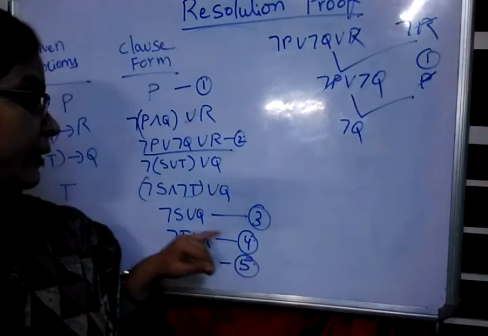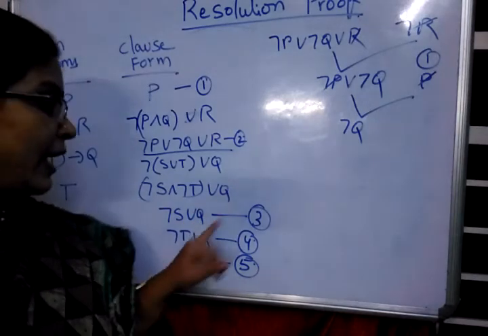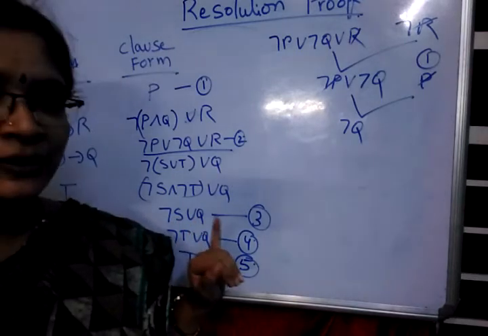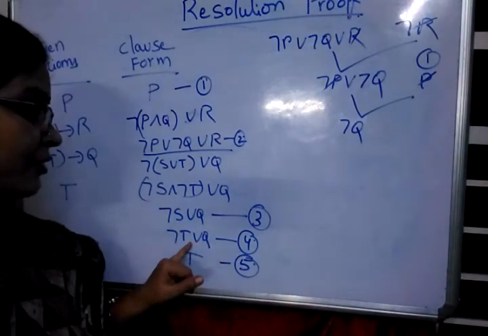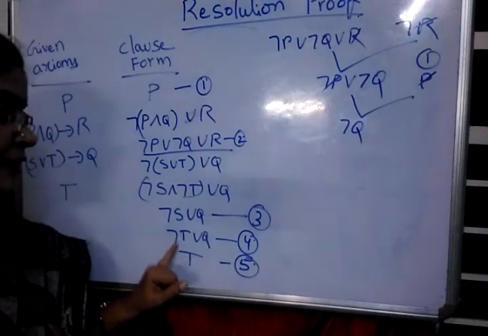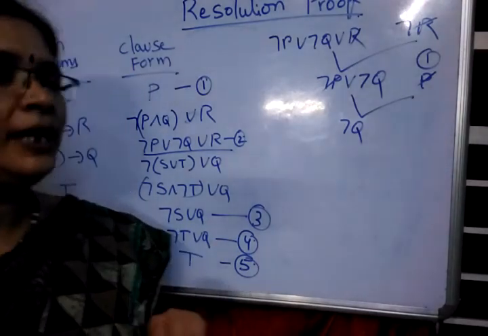If I take negation S or Q, Q will be cancelled and the resultant will be negation S, which cannot be cancelled. If I take negation T or Q, negation Q will be cancelled and negation T will be cancelled with T.